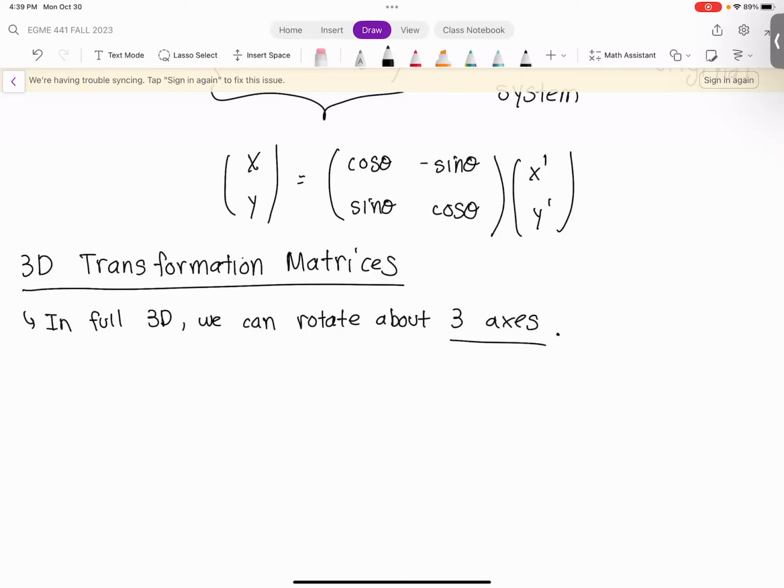And so tracking angles in 3 dimensions is a lot more complicated than 2 dimensions, because we have so many different angles to consider. But the good news is that these 3 rotations can be considered as 3 2-dimensional rotations.